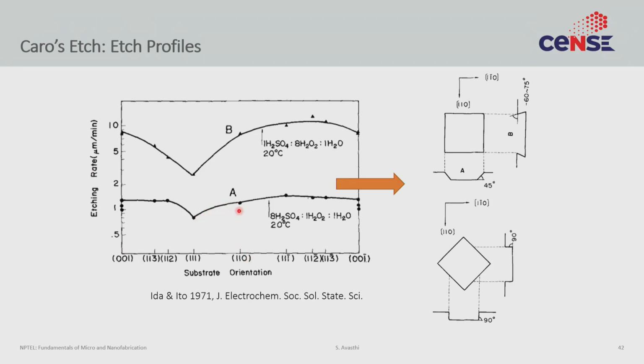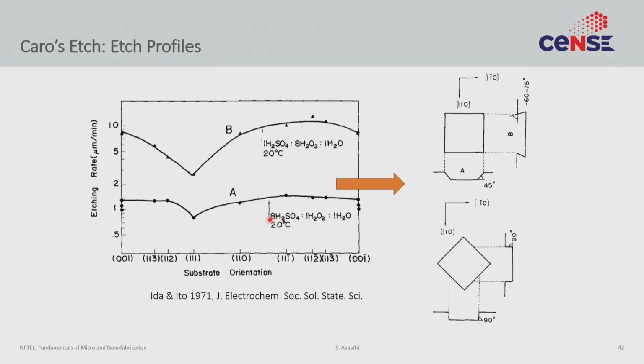And this difference is amplified, and the etching rates are also different for the A phase and the B phase. The B phase is the one that is coated with arsenic, which tends to be more reactive, and because it's more reactive, the etching rate tends to be higher. And you see that for all phases, or in fact for all concentrations, whether it's more H2O2 or more H2SO4, you do tend to get this anisotropy.